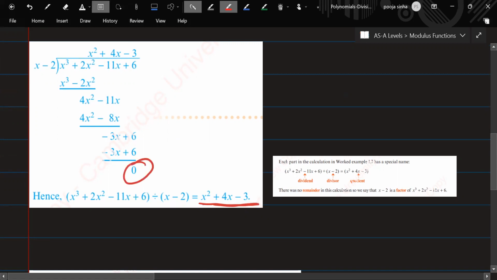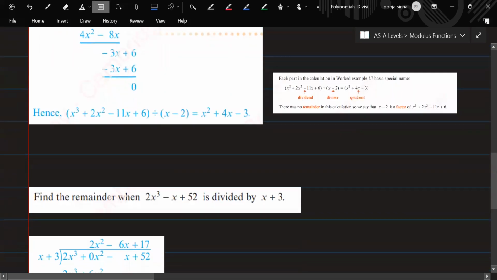There is a zero remainder if the divisor is a factor of this. If you get a remainder, that means it is not a factor. If the remainder is other than zero, then it means it's not a factor, right? So what we need to know is dividend divided by divisor gives us the quotient, correct?